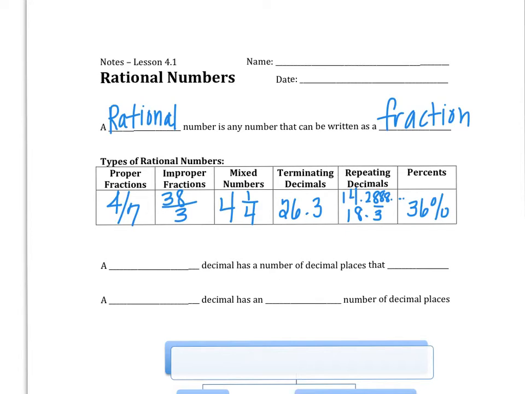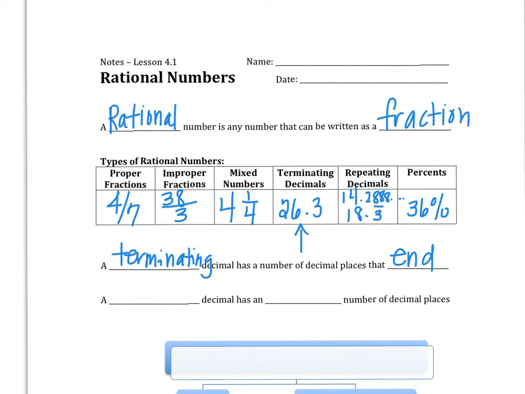A terminating decimal has a number of decimal places that end. So this right here would be a terminating decimal because it's a decimal, but it ends. It doesn't keep going on.